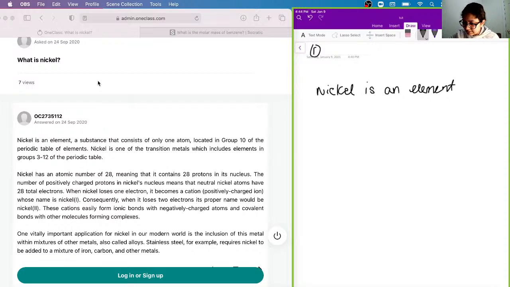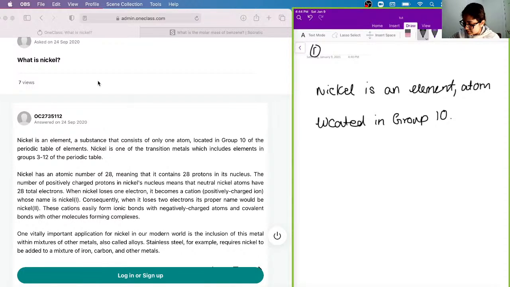It is an atom located in group 10 of the periodic table of elements, and nickel is one of the transition metals also.